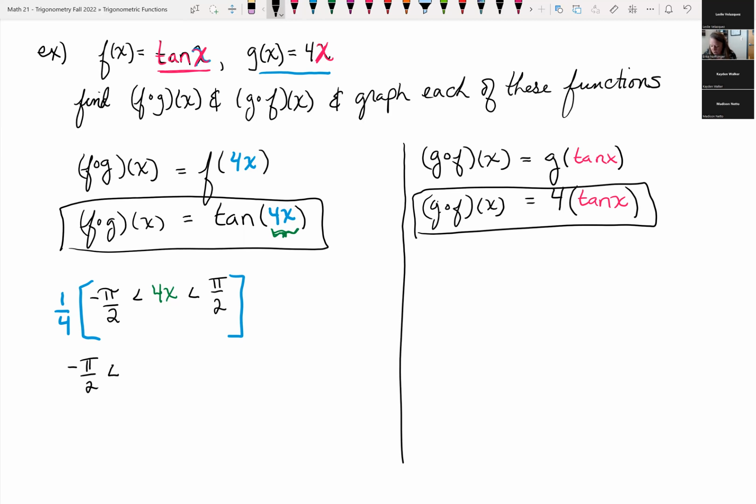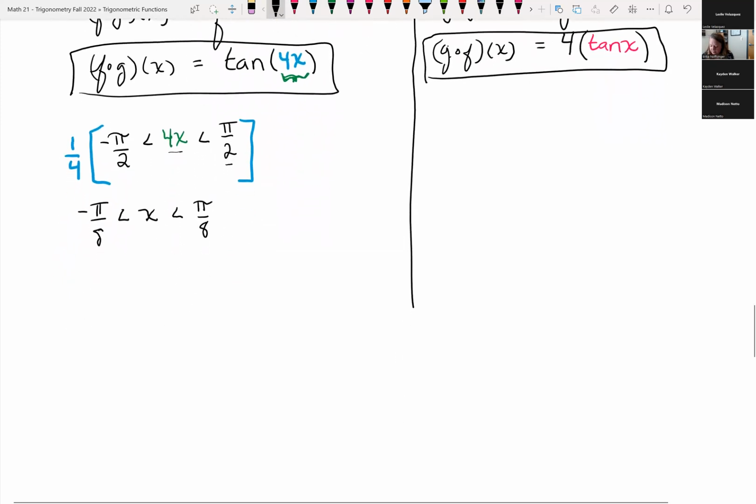This is less than 1/4 times my 4x here, that gives me x, is less than 1/4 times my pi halves, which is pi eighths. So I know that those are where my new vertical asymptotes are. So let's put that on here.